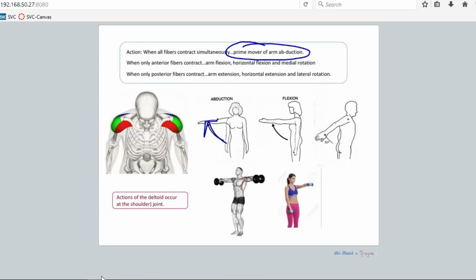But again, we have these different fibers, and we can consciously tell these fibers or these fibers or these fibers all to contract. When the anterior fibers contract, that leads to flexion of the arm. When the posterior fibers contract, it leads to extension of the arm. When the middle fibers contract, again, abduction.